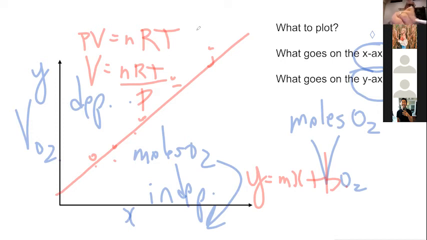So if y is volume and x is n, what is the slope of the line? So basically, take n out of nRT divided by P. What are we multiplying n by?